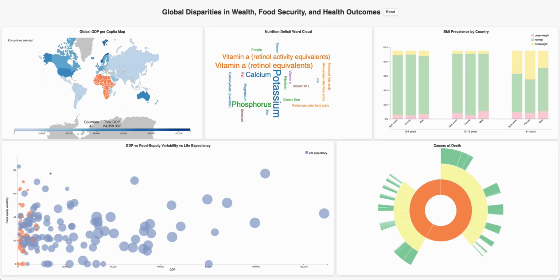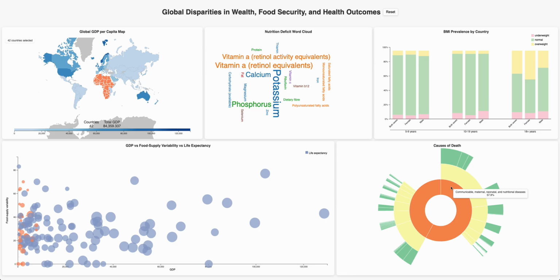And in the sunburst chart, communicable diseases such as infections occupy the largest slices, showing the continent's high infectious disease burden, possibly due to poor immunological resiliency due to undernutrition.